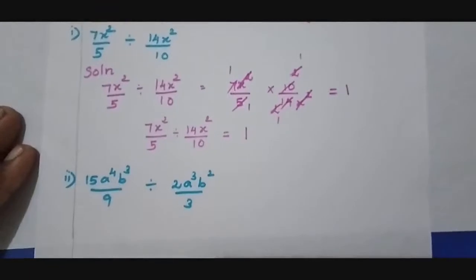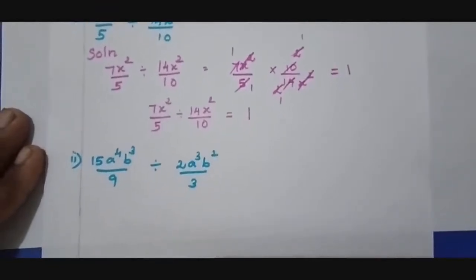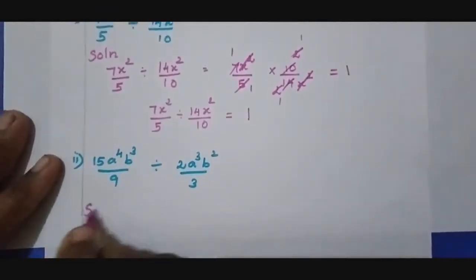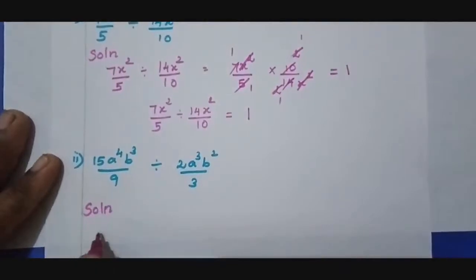The next one. 15a power 4 b cube by 9 divided by 2a cube b square by 3.